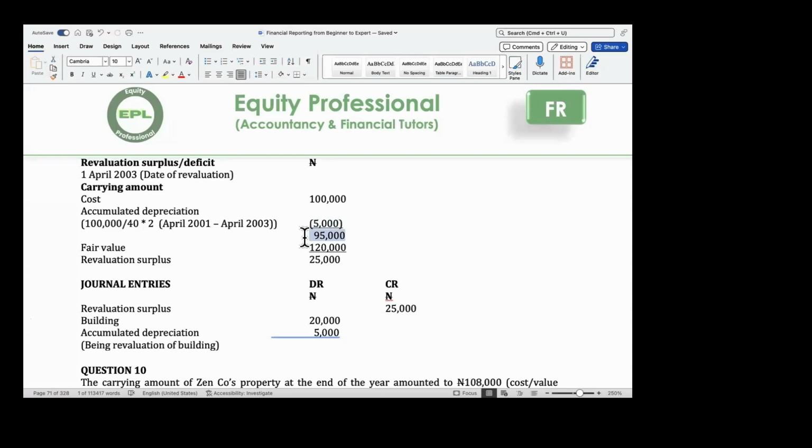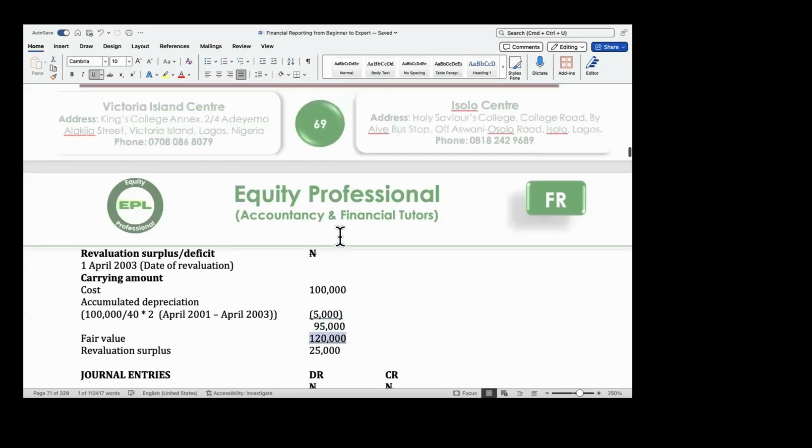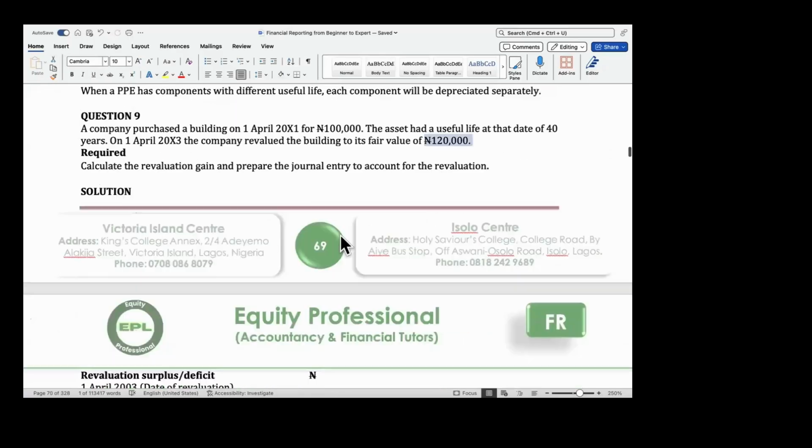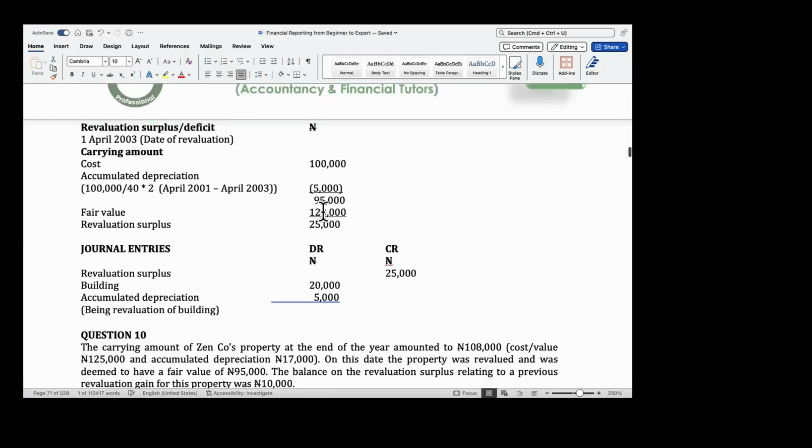I will compare this 95,000 with the fair value of the assets, because when they revalued the assets, it's now 120. 120 is higher than the book value, so it results in a surplus of 25, which I put in my books as revaluation surplus.